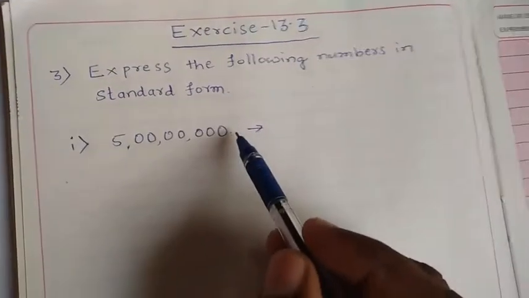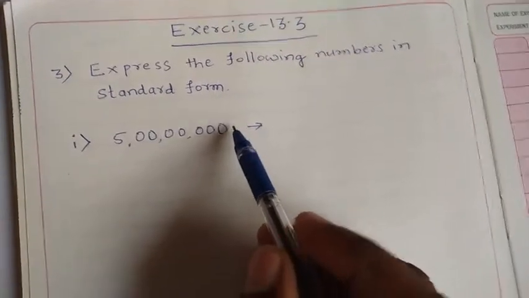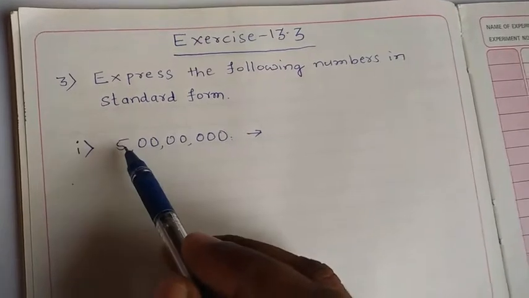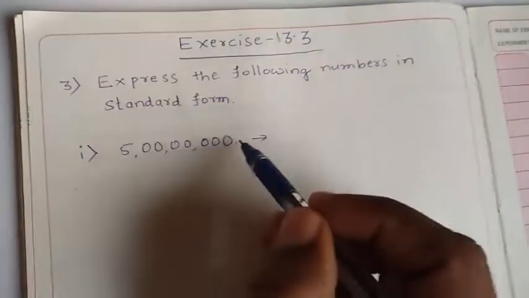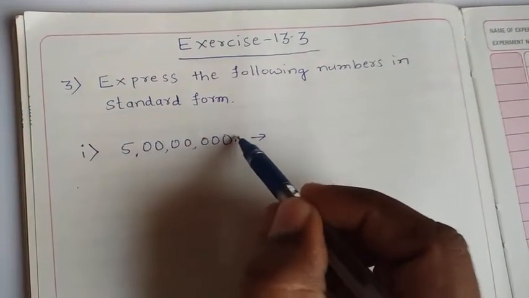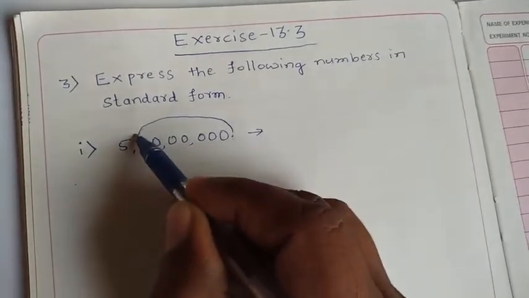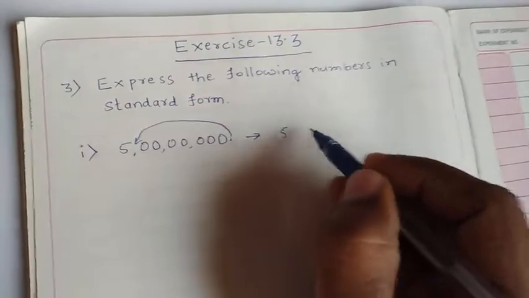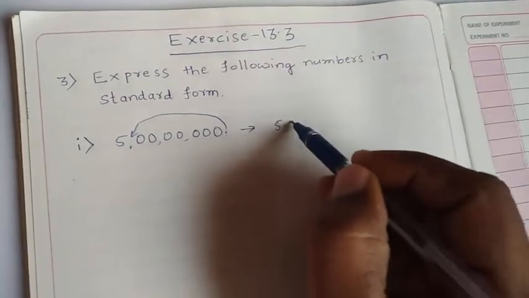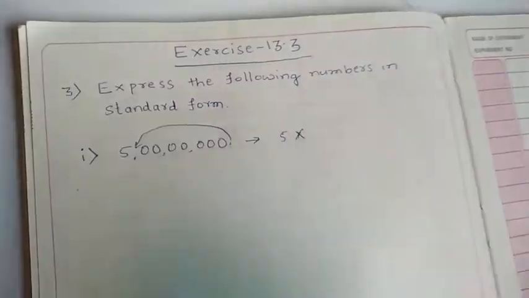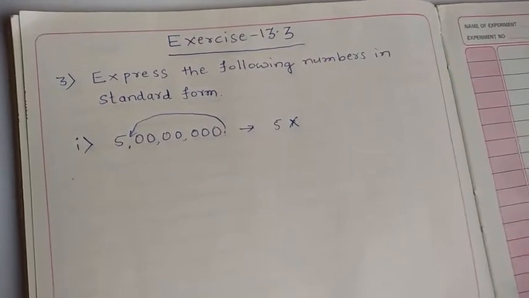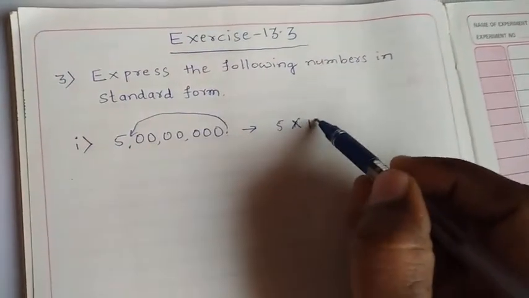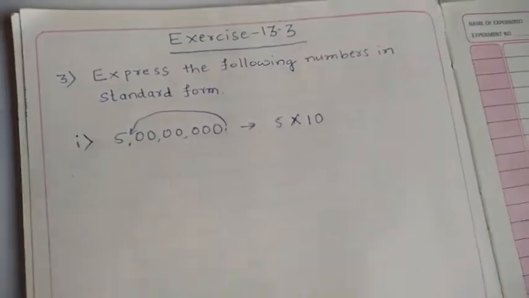We have to move this point in such a way that there is only one digit in the unit place, so we move the point up to here. It becomes only 5. After writing this number, you write 10.